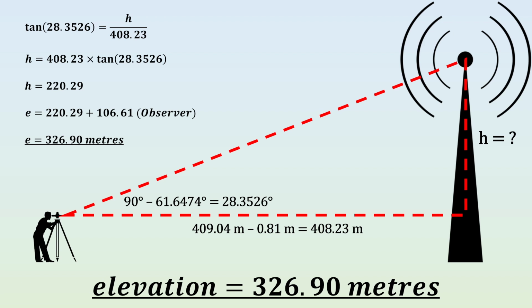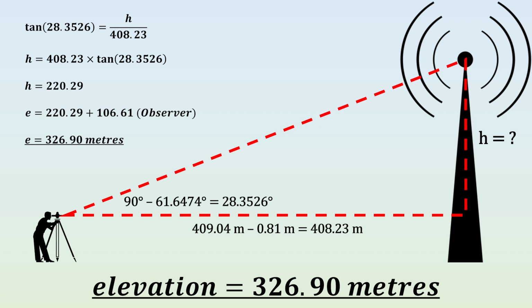All right, so if our zenith angle is 61 something degrees, then our elevation angle is 90 minus that, which is 28 something degrees. We also use an adjusted distance to take into account the diameter of that disc we are measuring to, and we end up with an elevation for the tower of 326.90 meters, which is only 3 centimeters different to our first measurement.